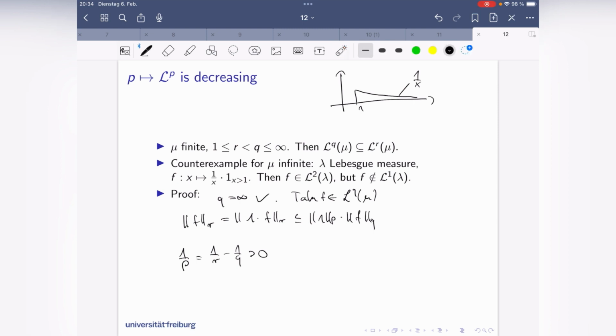And the norm of 1, that's just this here. So I integrate the function 1 over mu. That's finite in this case because mu is finite. So this here means exactly that mu is finite. So this is finite. And this here is finite by assumption. So this is also finite, and we are done with this proof.